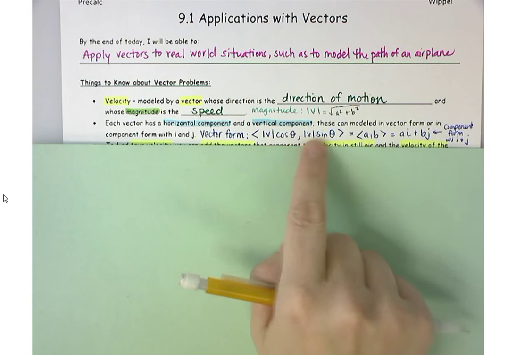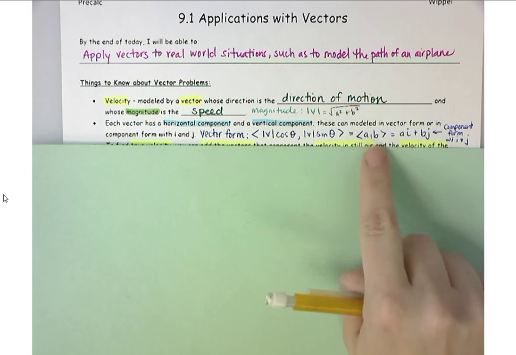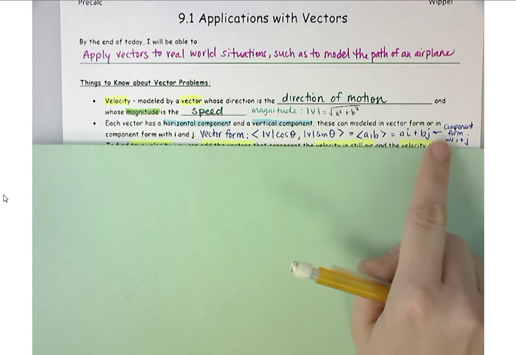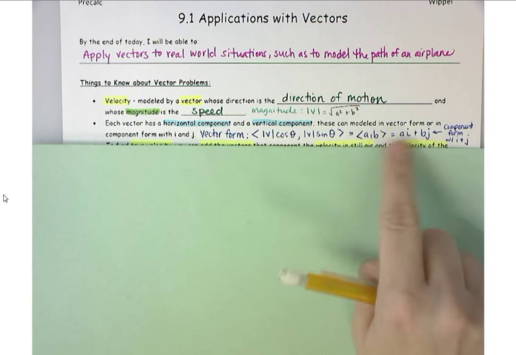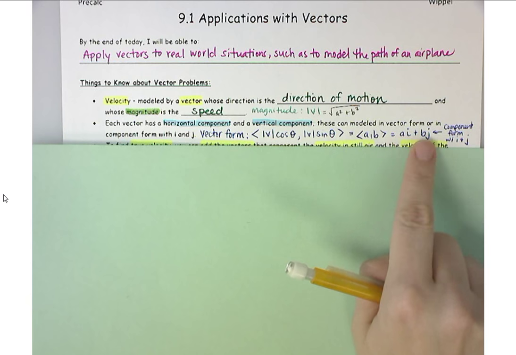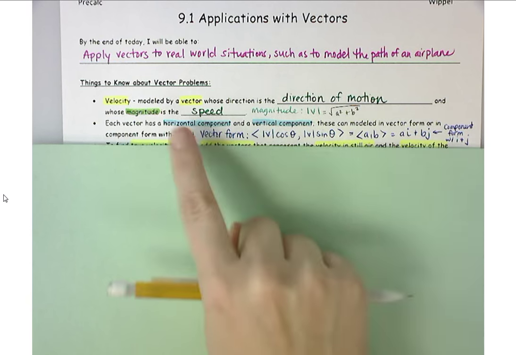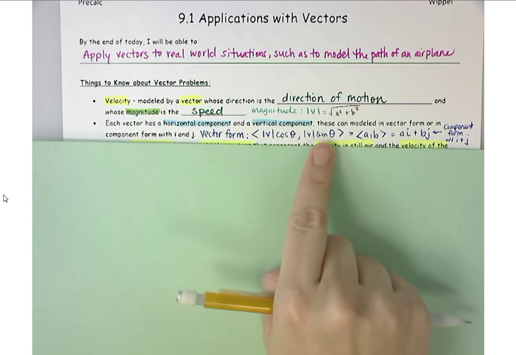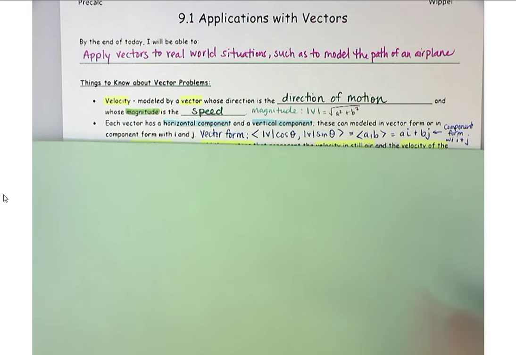Now, when you simplify those components, they're just referred to as a and b. And then you can also write that in component form with i and j, where a and b are the coefficients of i and j. So it's important to know that this is the horizontal component, and the second part is the vertical component.